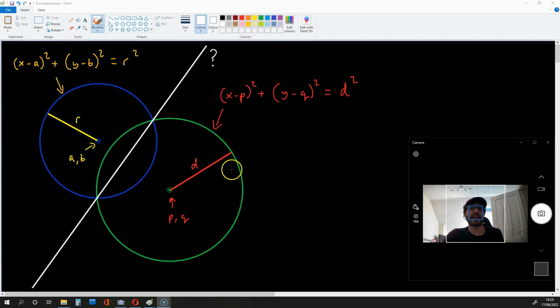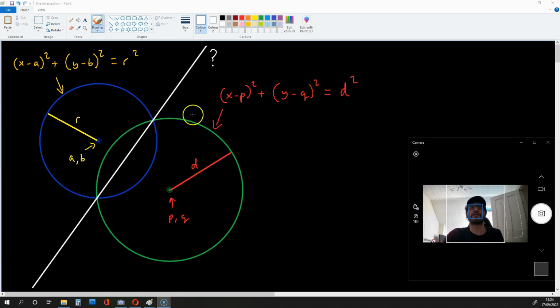So the first thing we must do to get the equation of this line is draw the diagram, okay, with two circles. This circle over here is going to have the radius r, and its center is going to be AB, and this circle over here is going to have the radius D, and its center is going to be PQ.